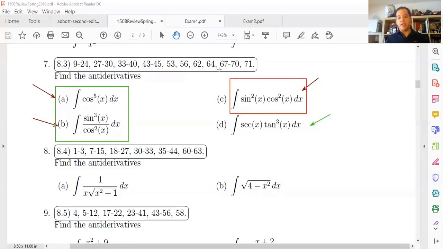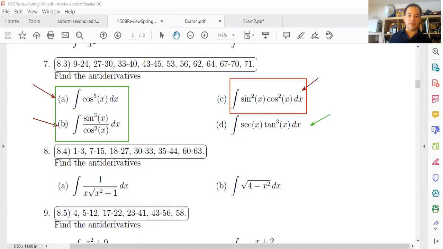And then for secant and tangent, it's a little bit different. If the tangent is odd, then it's good because you can extract the secant tangent. So this one would be considered easy as well. So just make sure you check them out, the general process. And let me do one here, for instance. So let's do 7.